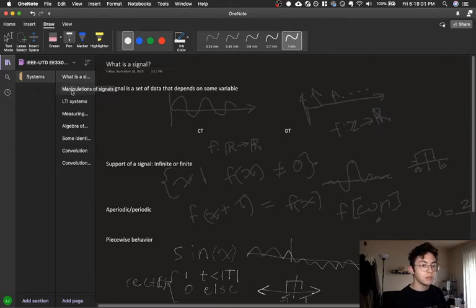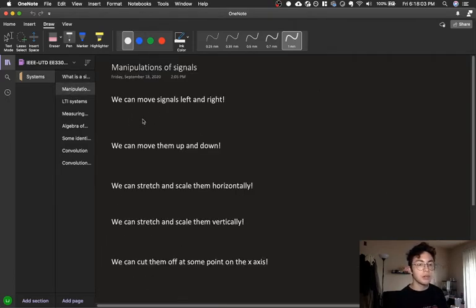Some important things that we need to talk about in the course are the different things we can do to these signals. We can move them left and right. If we have some box, we can move it to the right by having the same function. Let's say that this is f of t.